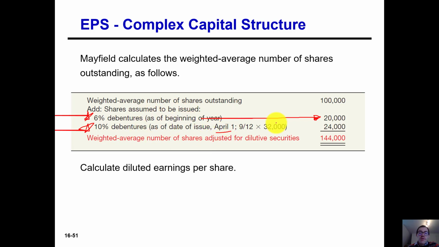So those 32,000 shares were outstanding for 9 out of 12 months of the year. So the weighted average there, you're looking at an increase of 24,000. So 32,000 times 9/12. So the total, the new denominator, it should be 144,000. Okay.